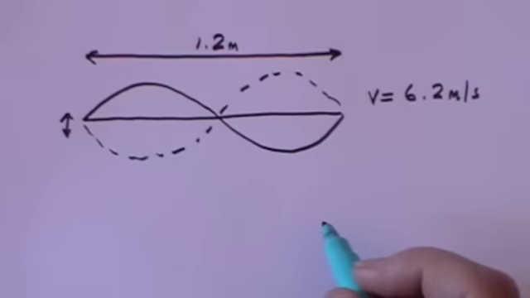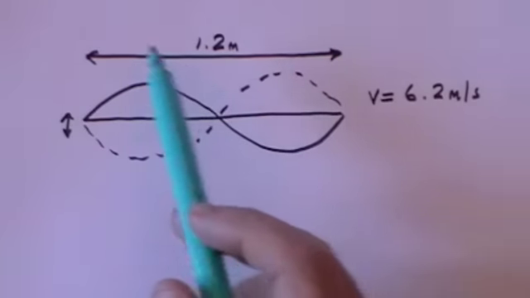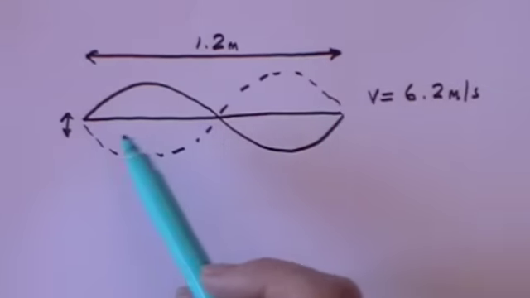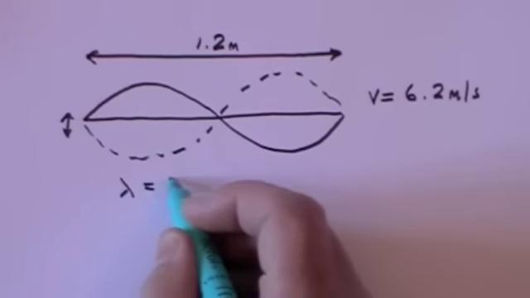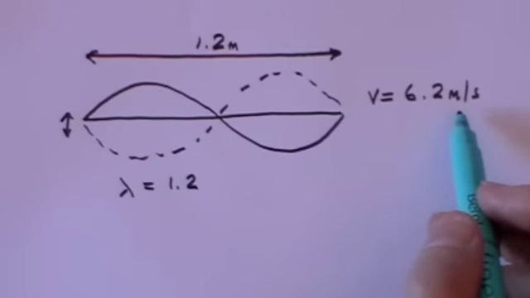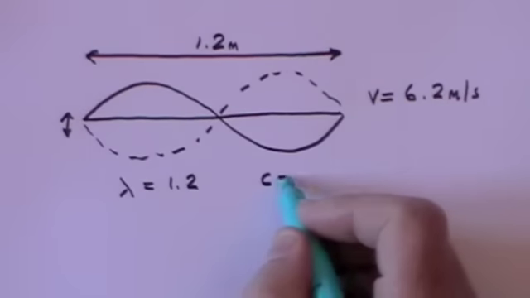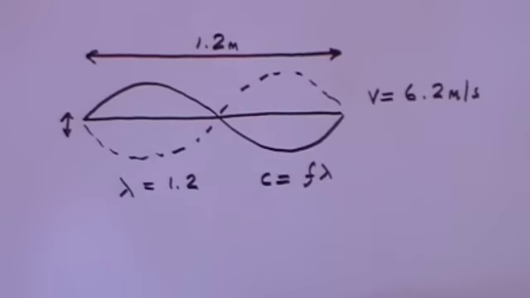Well, we know that the wavelength is 1.2 meters because the entire length of the string is 1.2 meters, and this is one complete wavelength. So lambda is 1.2. We know that the velocity is 6.2, and we know that the velocity of a wave is equal to its frequency times its wavelength.